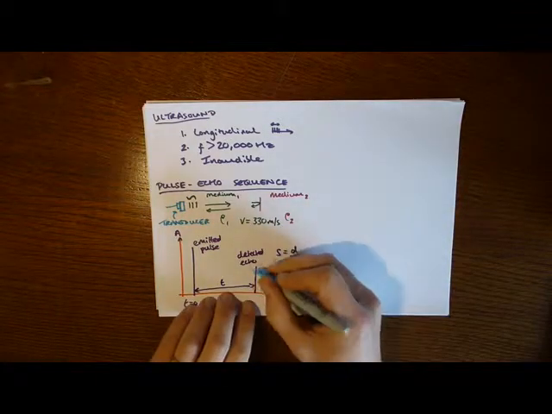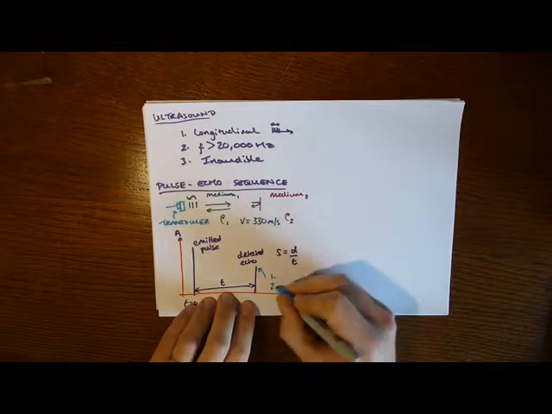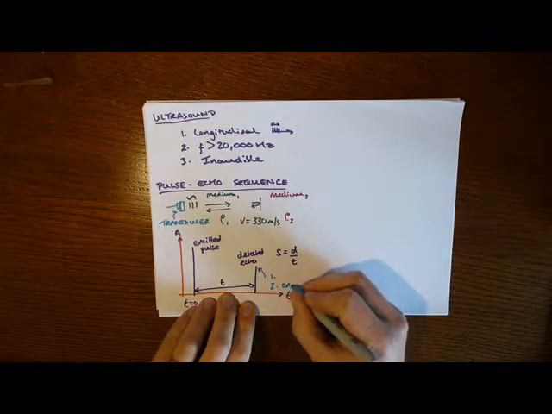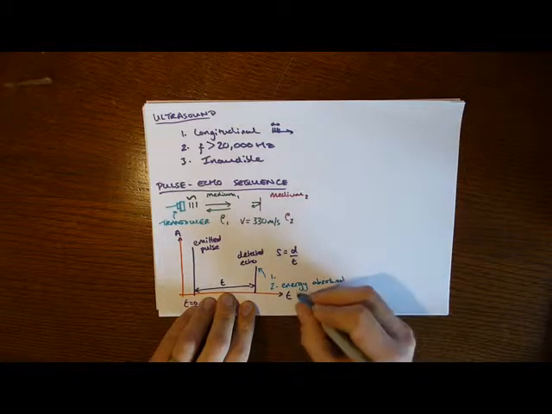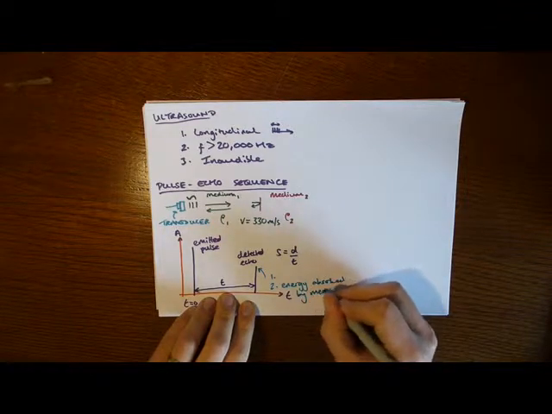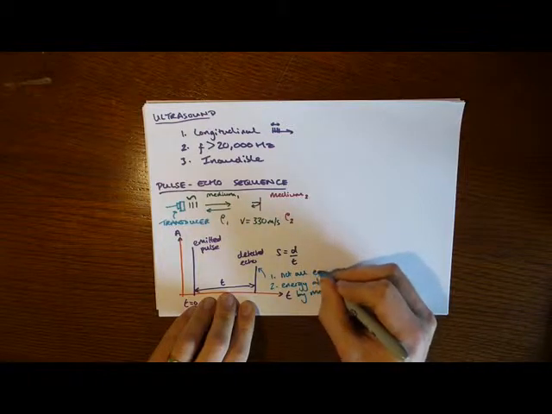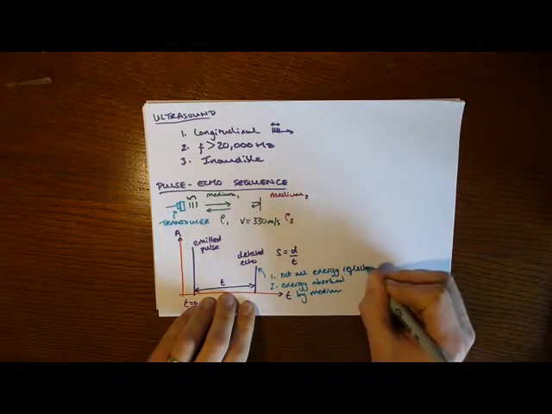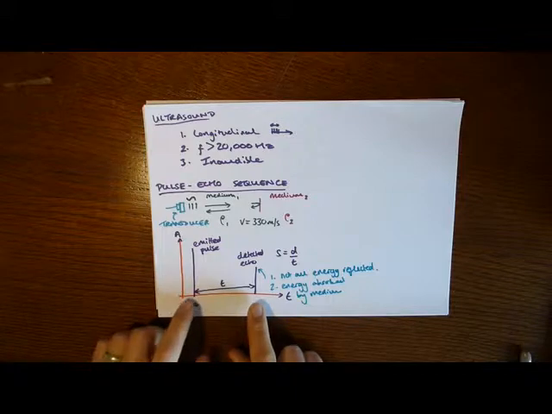Secondly, we're going to have some energy absorbed as it travels through the medium. Again, that will always, nearly always, make for that second pulse, certainly that pulse, to be lower than our emitted one.